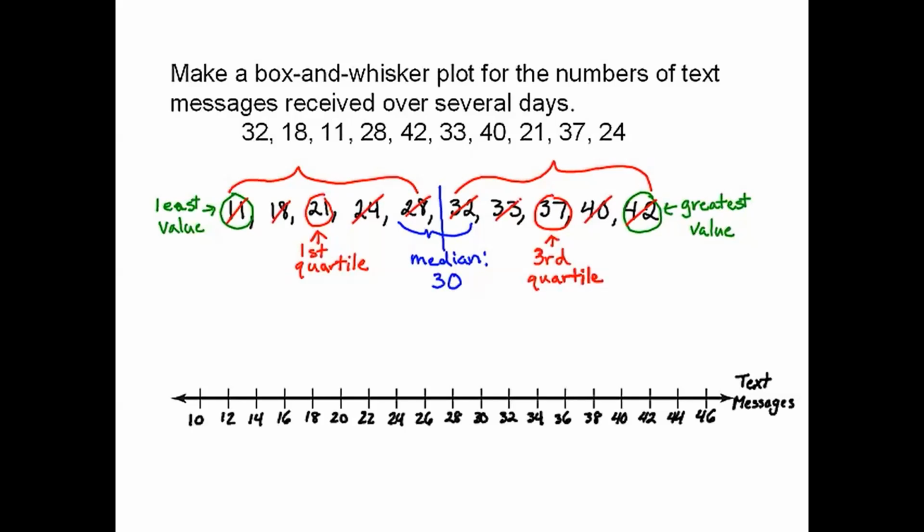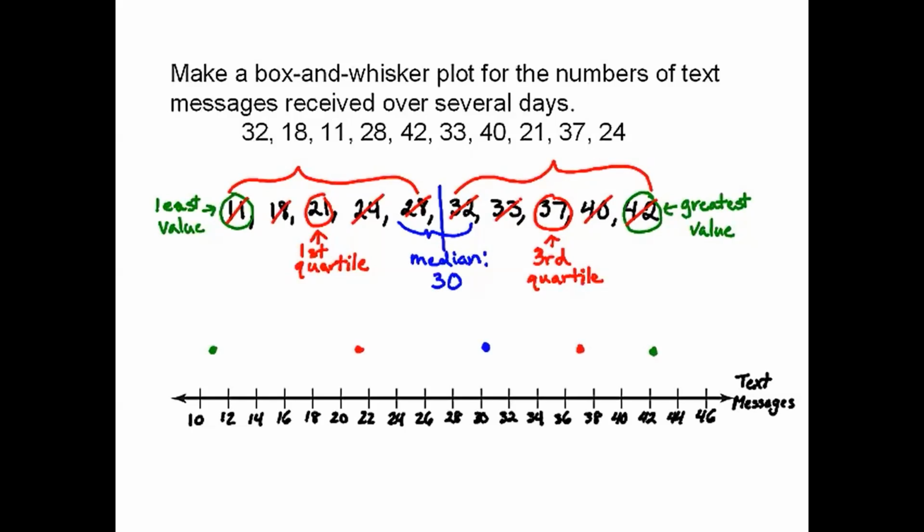Now we need to plot the 5 pieces of information that we found above. We have the least value at 11 and the greatest value at 42. The median at 30, the first quartile at 21, and the third quartile at 37.